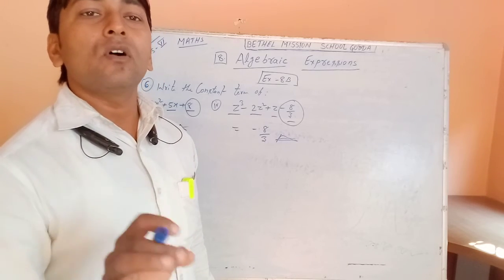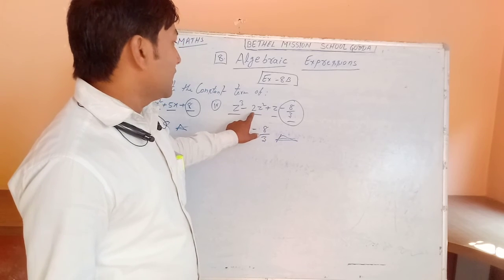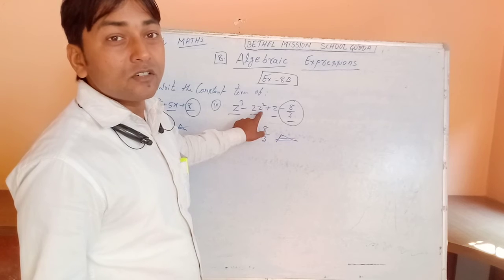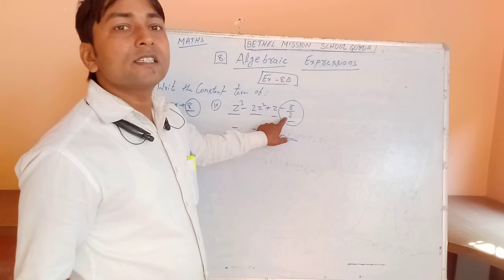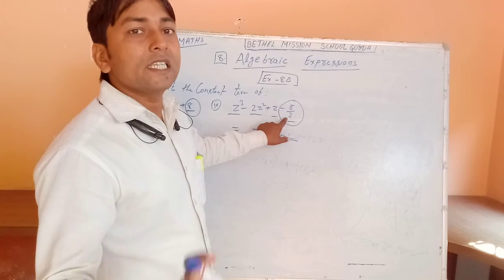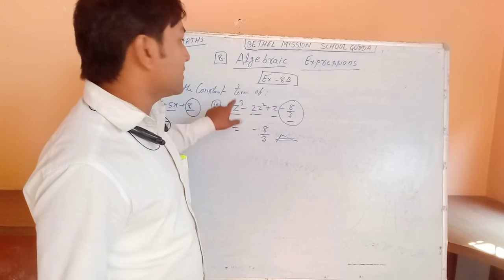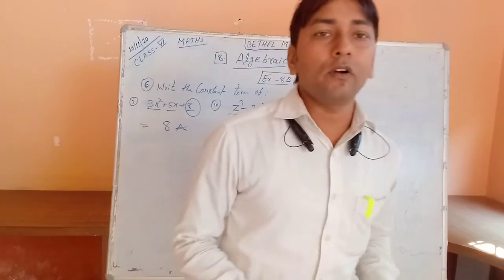Here, this is a constant number, but it is multiplied with a variable. That's why it is not a constant term. Minus 8 upon 3 is free of variables. That's why it is called a constant term. And these are variable terms. I hope you got it.